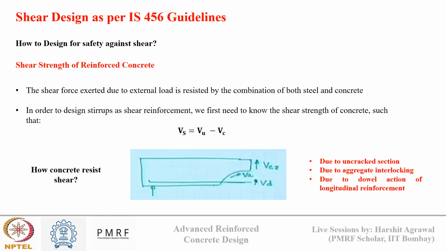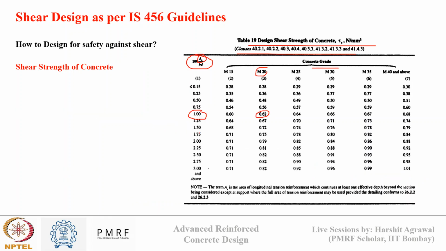If this is the shear strength of concrete, then how much shear needs to be resisted by the shear reinforcement will be nothing but Vus is equal to Vu minus Vc. So Vu is the total shear force and Vc is the shear strength of concrete. Subtracting this gives us the amount of shear that we need shear reinforcement to resist.